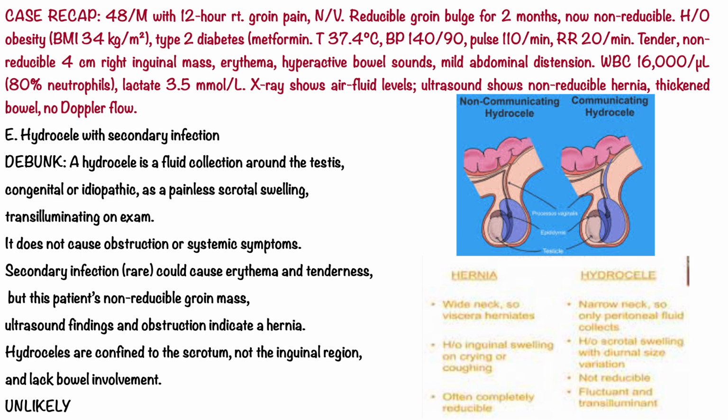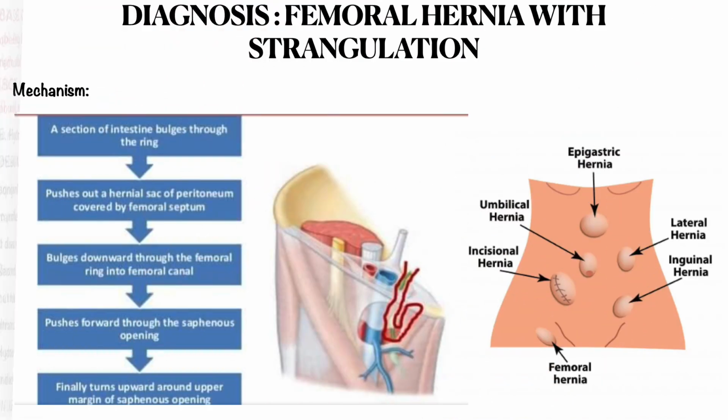But in hernia, it is often completely reducible, and hydrocele is actually fluctuant, and then it is transilluminant. That is, it shows light when on examination, that is transillumination. This is a classic characteristic feature of hydrocele. So the diagnosis we developed is femoral hernia with strangulation.